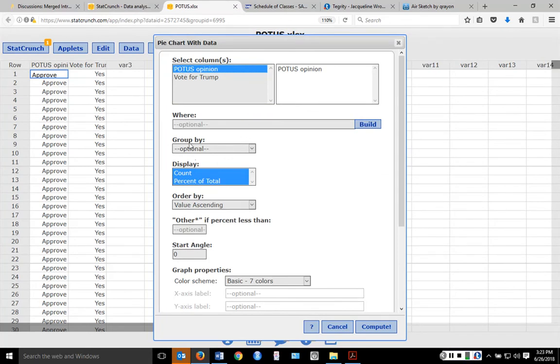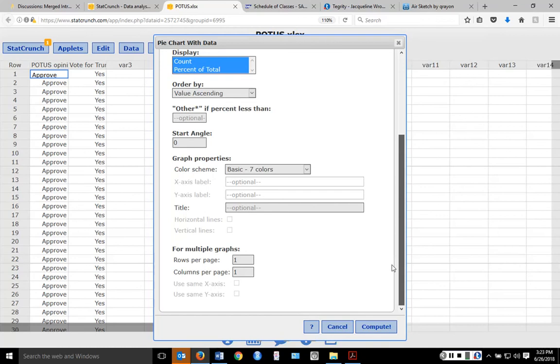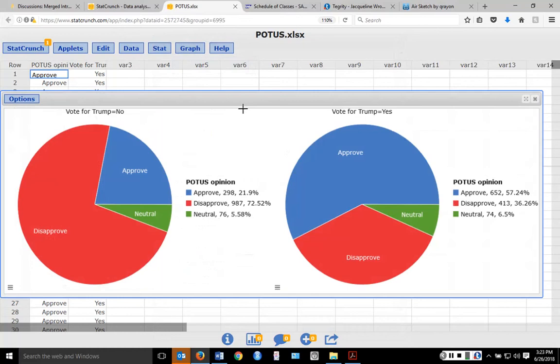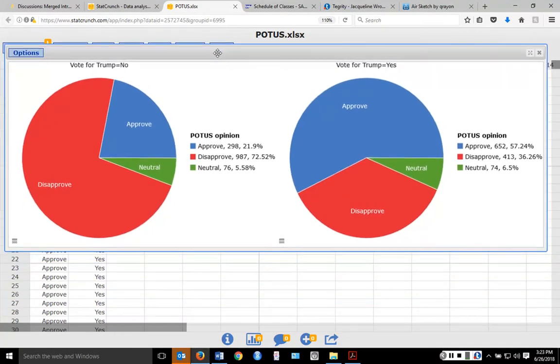To create more than one plot, I'm just going to choose this group by, and I'm going to group by my other variable, which is whether they voted for Trump or not. To get my plots so I can look at them both at the same time, I just change this columns per page to 2 instead of leaving it as 1. Then when I hit compute, I get my 2 different graphs here.